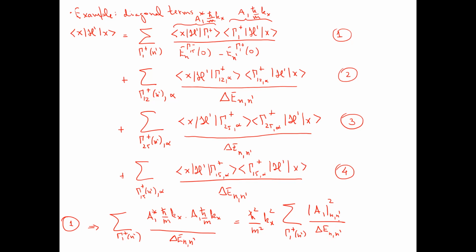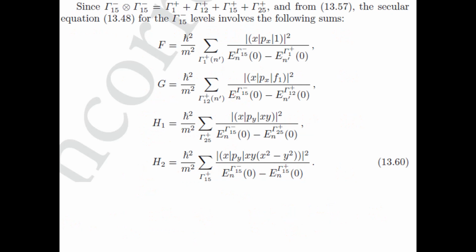Okay, this is what I call F kx square. So if you compare this to this expression here, you see precisely that what we mean by F is a sum of this sort of term, a sum over all states at gamma with gamma 1 plus symmetry. Okay?